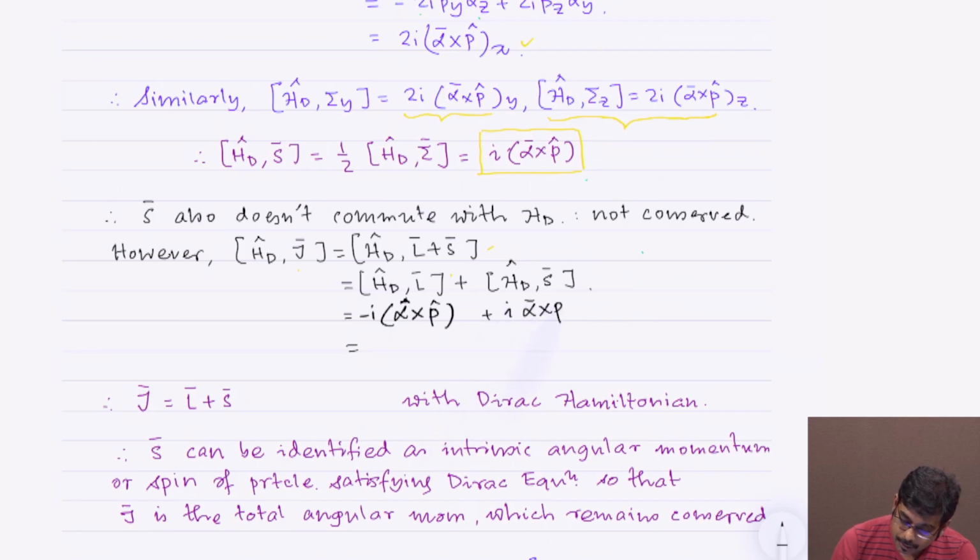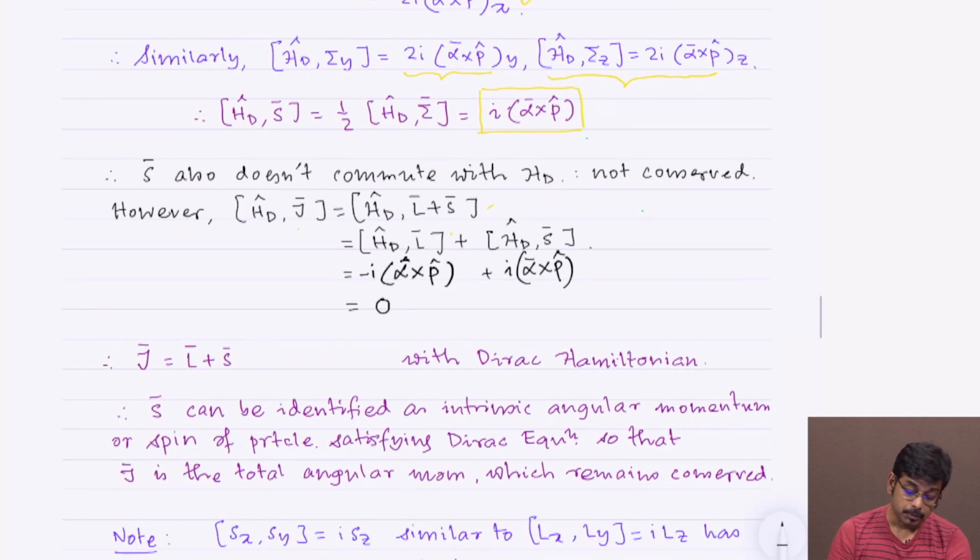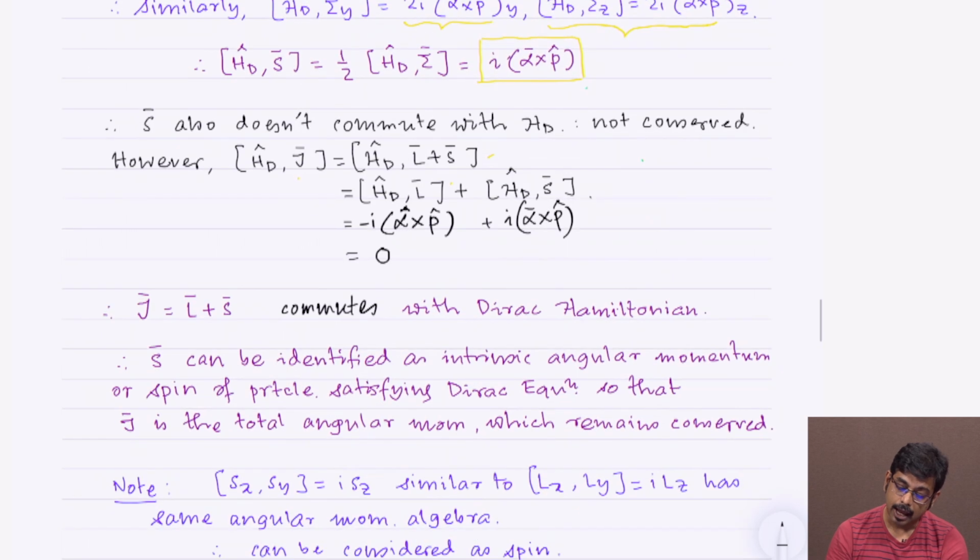i alpha cross p. So this means the commutator of H_D with L that we have found is exactly opposite to that of H_D with S. So adding both, we are going to get 0. Therefore it is very interesting to observe that J, the total angular momentum, which is L plus S, actually commutes with the Dirac Hamiltonian.